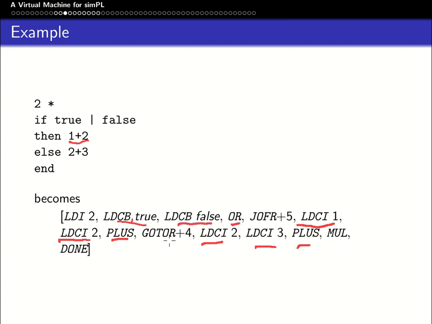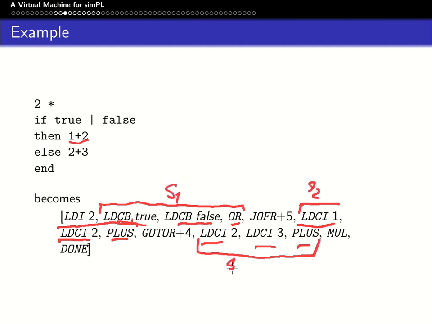And now we need to translate the if. This is the condition of the if. This starting here and ending here is the first expression of the if, and this is the second expression of the if. So in between, this was the S1, this was the S2, and this was the S3.